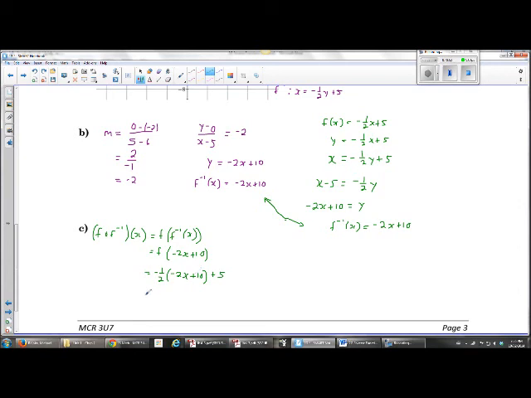Multiply this negative 1/2 in, so we get x minus 5 plus 5, and that equals x, just like we wanted.